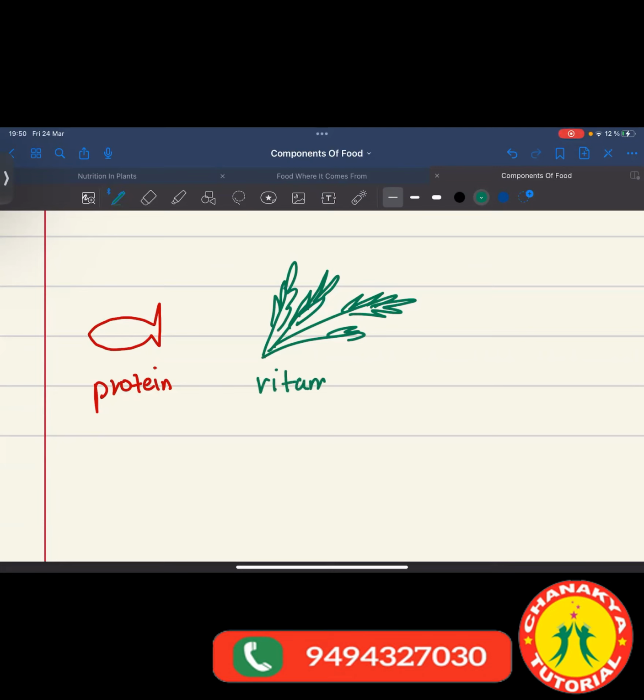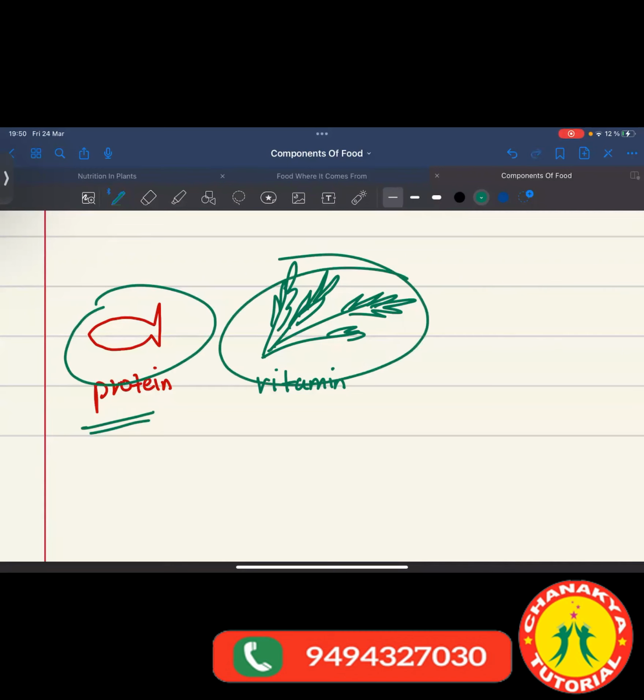But you know that inside this, minerals are also there, and inside the fish, vitamin is also there. But why are you saying protein for fish and vitamin for green leafy vegetables? Because fish has more protein than green leafy vegetables. It's not like it doesn't have vitamin, but it has more protein than the green leafy vegetable. Similarly, the green leafy vegetable has more vitamin than protein.